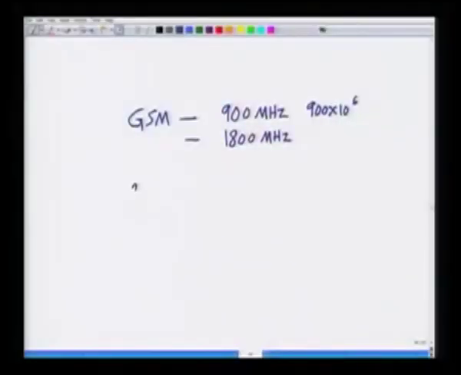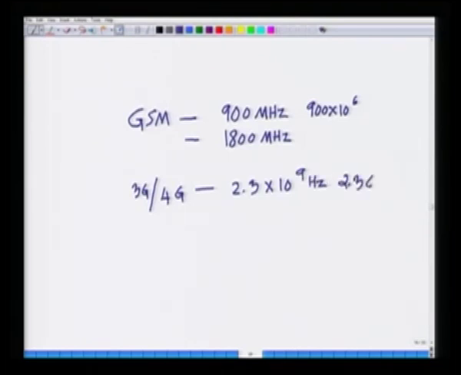The allotted carrier frequencies for 3G and 4G systems are 2.3 gigahertz to 2.4 gigahertz, that is 2.3 into 10 to the power of 9 hertz to 2.4 into 10 to the power of 9 hertz.